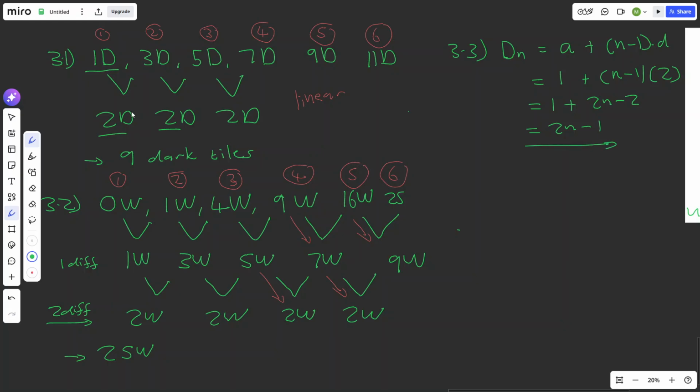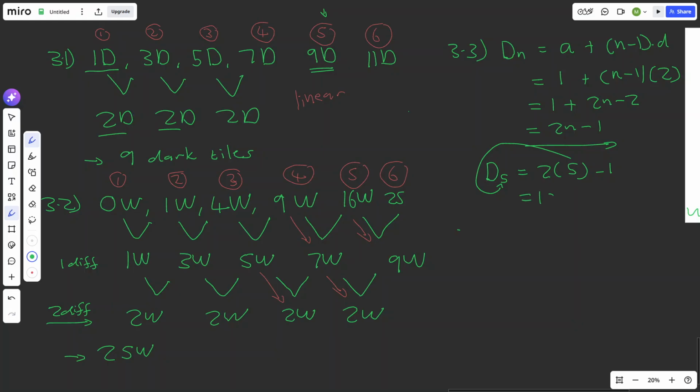So this is the general formula. But before we conclude with it, let us test it out. Let's say we want to find the number of dark patterns on the fifth pattern. So now we do it like this: D5, this subscript 5 denotes the fifth pattern, is equal to 2 multiplied by 5, minus 1.